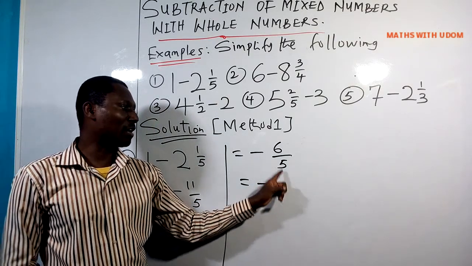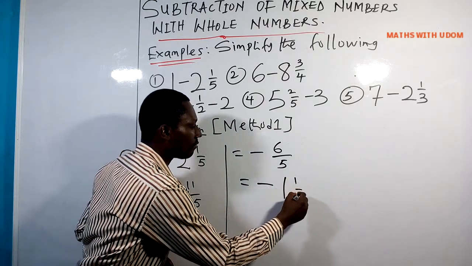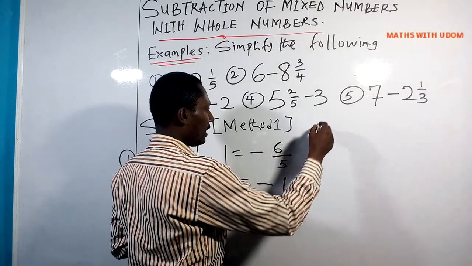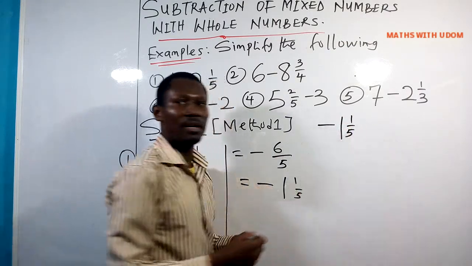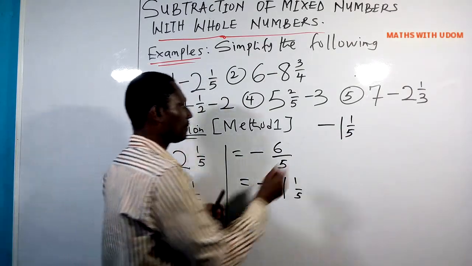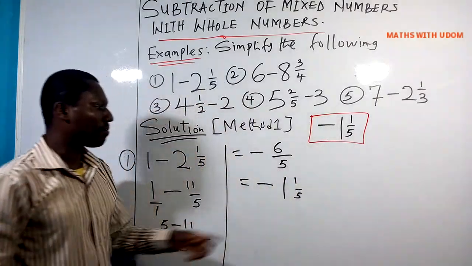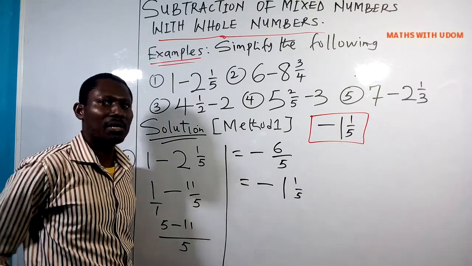How many times can 5 go in 6? 1. So 1. Remember, 1 over 5. So that is our answer. So let's put our answer here. We are still coming back to cross-check and to compare the answer we got here with the second method. So let's circle this. We got minus 1 whole number, 1 over 5. Let's move to the second method, method 2.